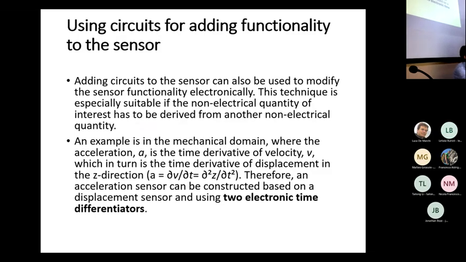Adding functionality to the sensor, what does it mean? Well, I've already given a couple of examples: derivation, integration, or multiplication of analog signals, or mixing.